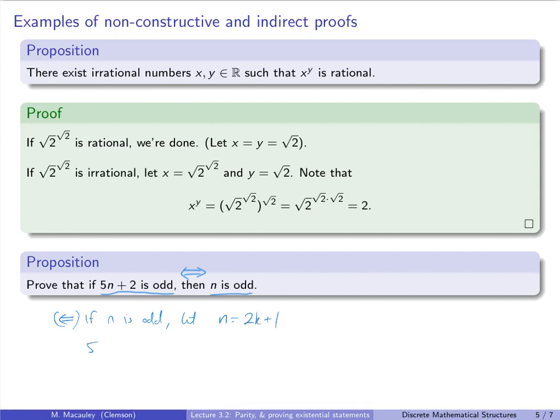Then 5n plus 2 is 5 times (2k plus 1) plus 2, which is 10k plus 7, which is 2 times (5k plus 3) plus 1. So that shows that 5n plus 2 is odd, because 5n plus 2 is 2 times some integer plus 1.